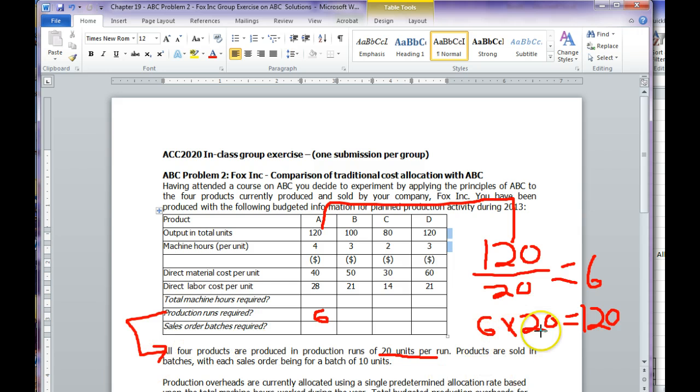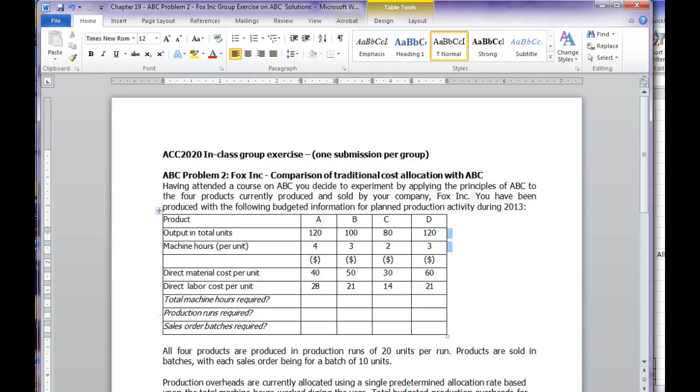So if you notice, everything kind of ties to itself too. Same thing here. Well, we know 20 units here. Here we need 100 units, and we got 20 per run. That's 5. Yay, 5.